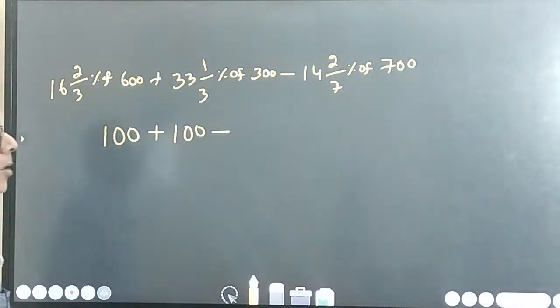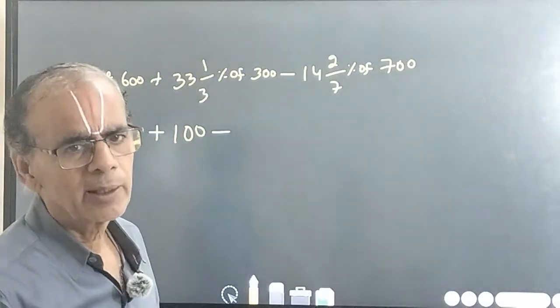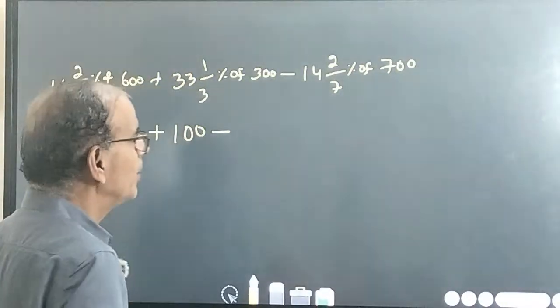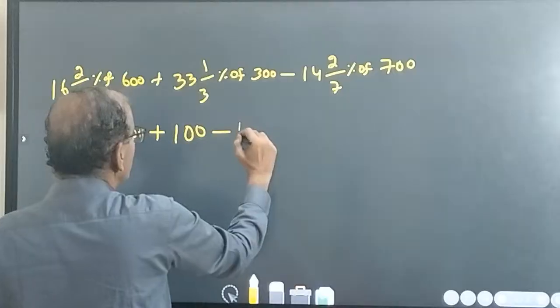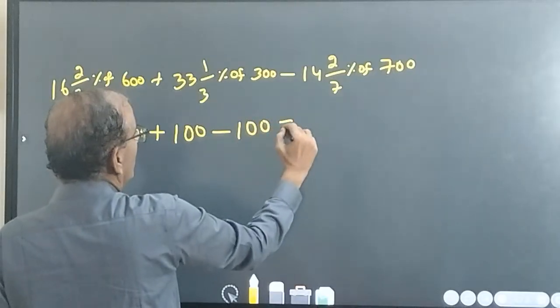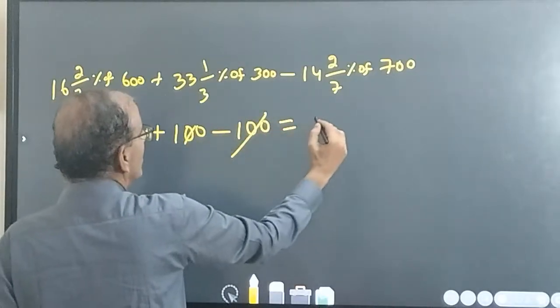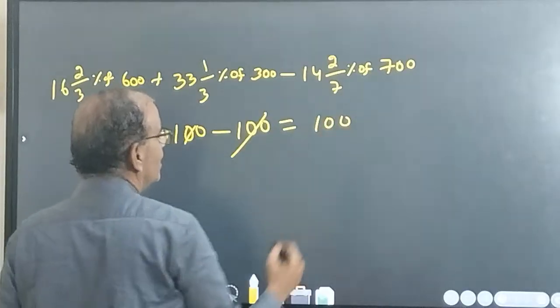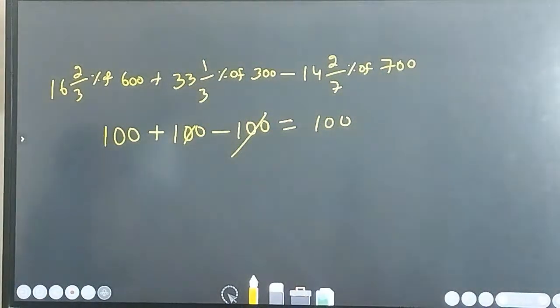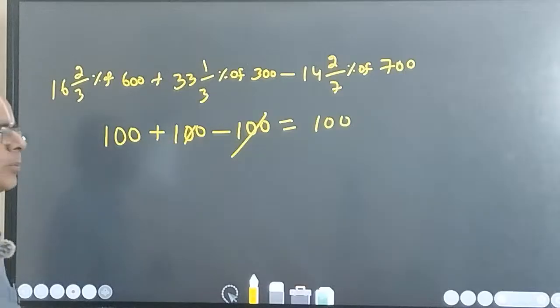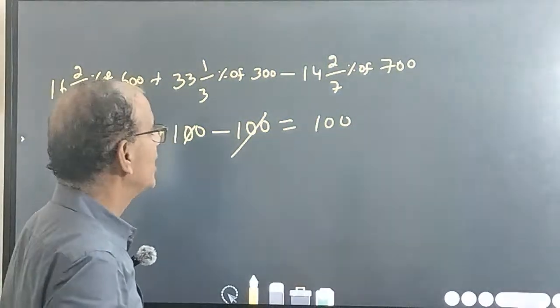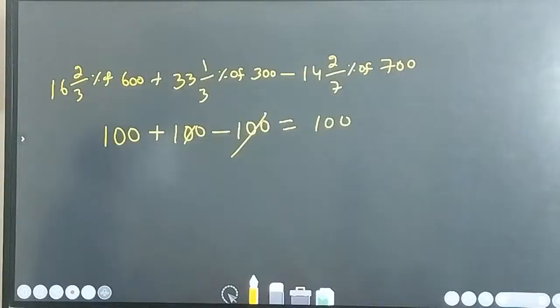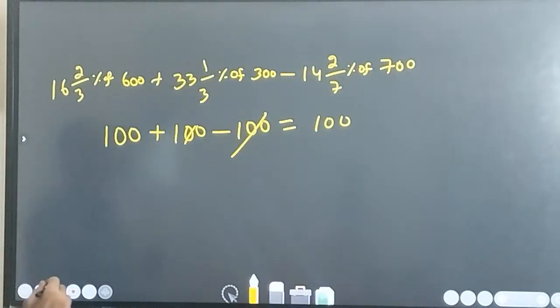Minus 14 2 by 7% is equal to 1 by 7. 1 by 7 into 700, how much? 100. Now what is the answer? Answer is 100. This is how you have to. That's why the concept of remembering the percentage equivalent into fractions is a must. You should remember.